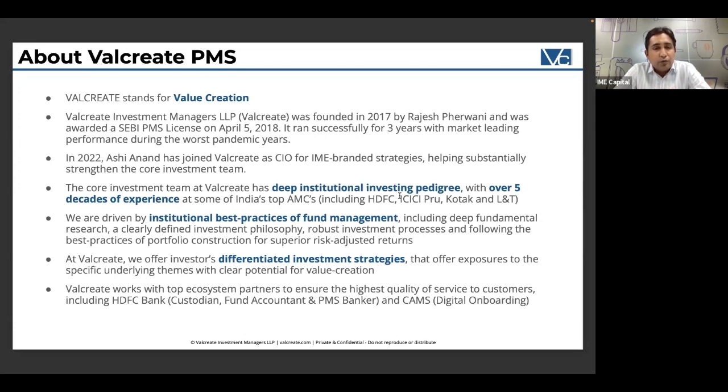And the aim is to offer differentiated investment strategies that offer exposure to specific underlying themes where we really believe value creation is a lot more possible. You'll see this is an underlying theme across the various strategies that we launch. So the aim is to take this deep institutional investing pedigree and launch more differentiated strategies that would typically not be available in a mutual fund type of construct.